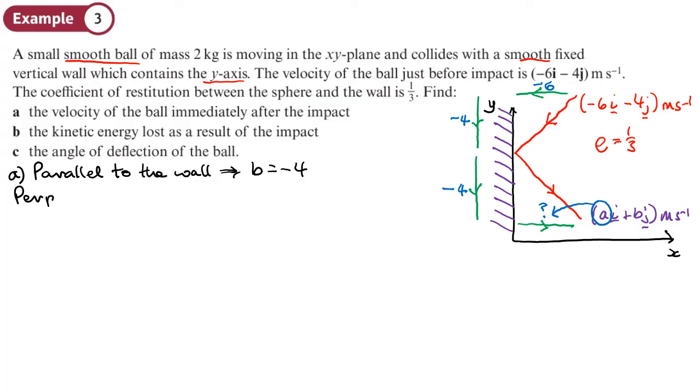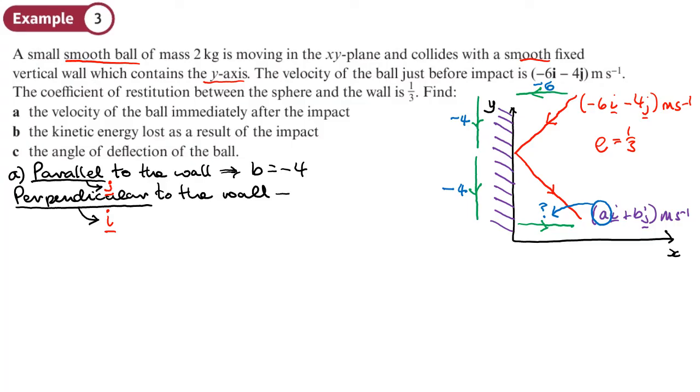Perpendicular to the wall, it might be helpful for me to put here that parallel to the wall is the j direction, because that's the one that's going up and down. Perpendicular to the wall, that's the one in the i direction. So perpendicular to the wall, that's the i component of the vector.